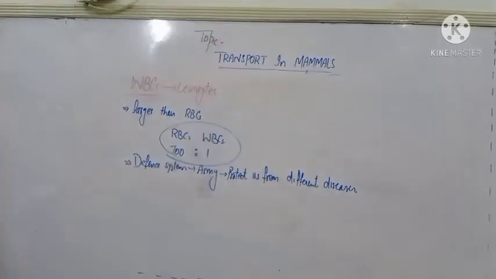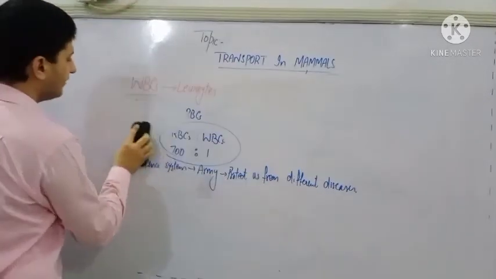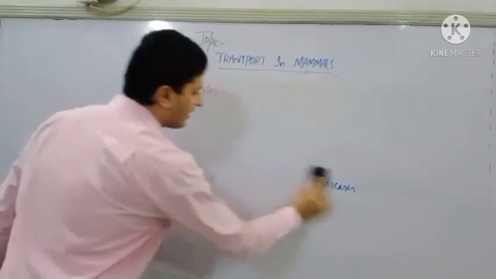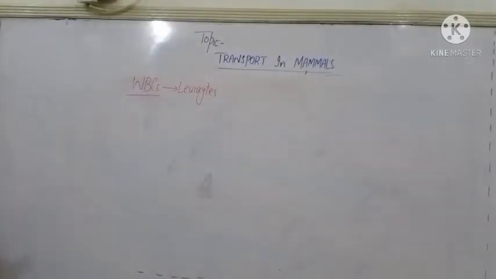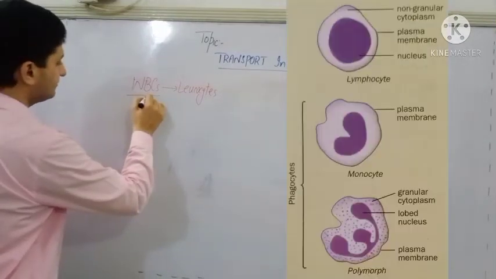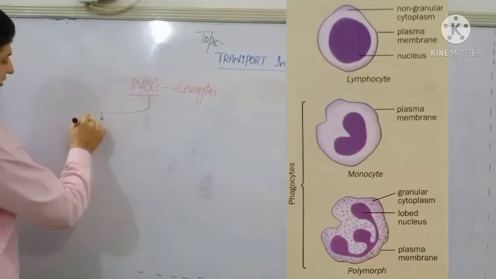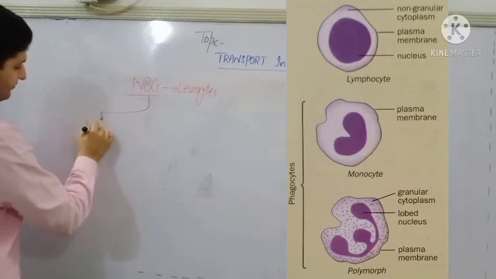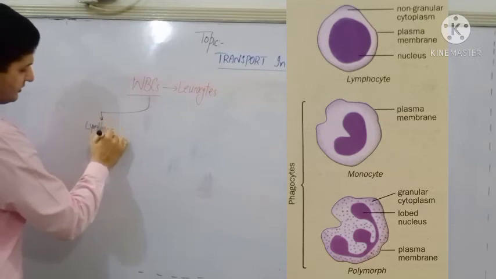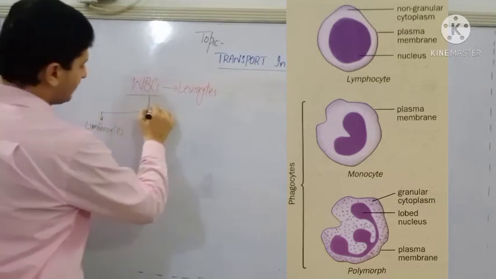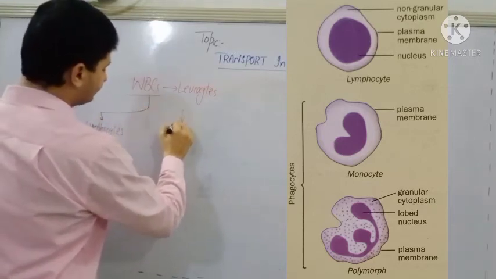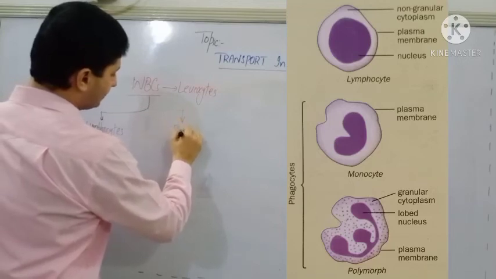If we talk about the types of leukocytes or white blood cells, then there are two main types of white blood cells. First are the lymphocytes, and second, phagocytes.